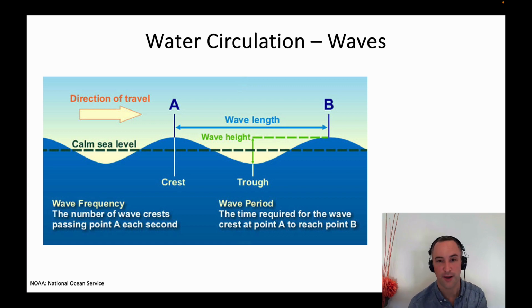Now, if we have 2 waves per second, the frequency being 2 hertz, we would have a period of 0.5, which would be the time required for 1 wave to pass. So it would be half a second. I say they're inversely related because everybody can do 1/2 in their head. And how that's related to how energy is moving along is going to come into play here in a second.